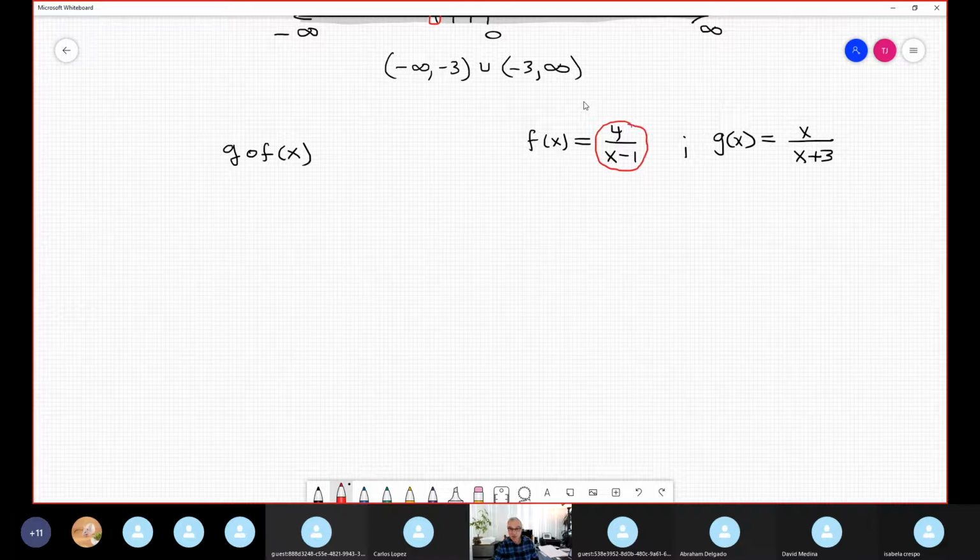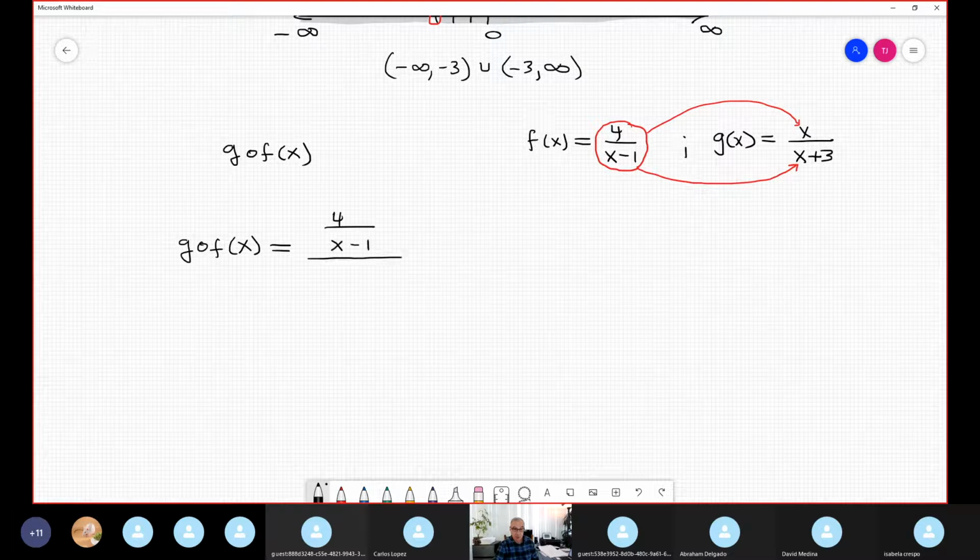You substitute here and here, because in G, the second function, we have 2 places for x, no? So you copy G composition F of x is equal to 4 over x minus 1 divided by 4 over x minus 1 plus 3. Do you understand this or no? Yes.